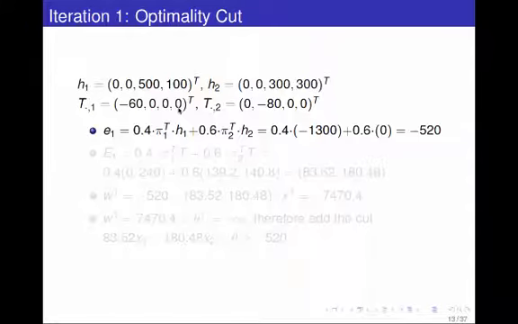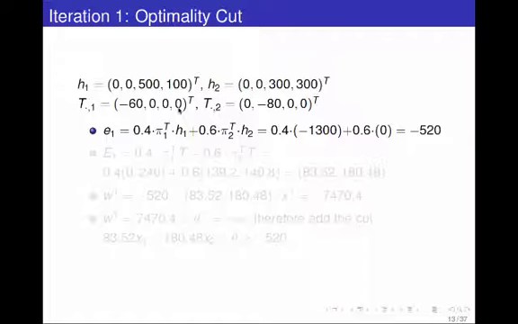Okay, so we have that. We compute E1 by taking the weighted average of the pi 1 with h1 over here and the pi 2 with h2 over here. By weighted average, we're weighing by the probability of occurrence of the scenario. Scenario 1 has a chance of 40% of occurring, so we take its inner product with h1. Scenario 2 has 60%, and we take this inner product here.